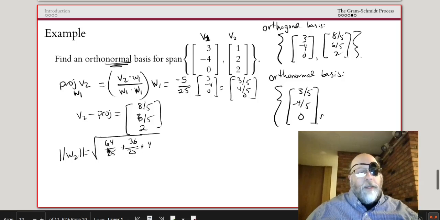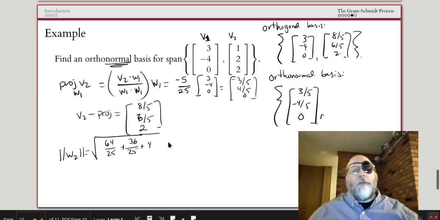Let's see, 64 plus 36 is 100 over 25. 100 over 25 is 4. 4 plus 4 is 8.